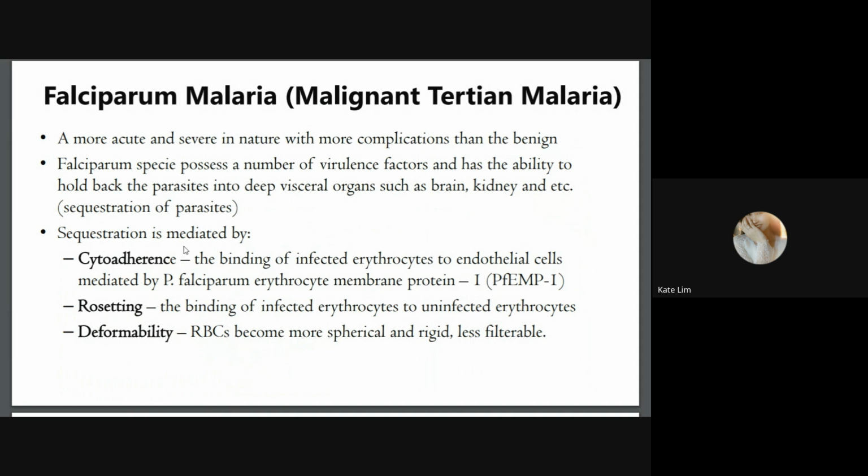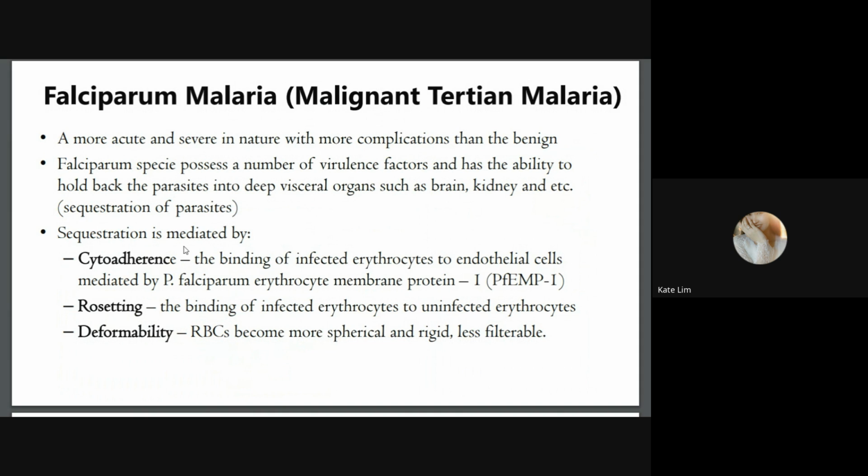The formation of these rosettes is thought to increase the viscosity of the blood, making it harder for the blood to flow. So just imagine your RBCs clumping together, rosettes. If they're clumping together, it would increase the viscosity of your blood, and the blood would have a hard time to flow.